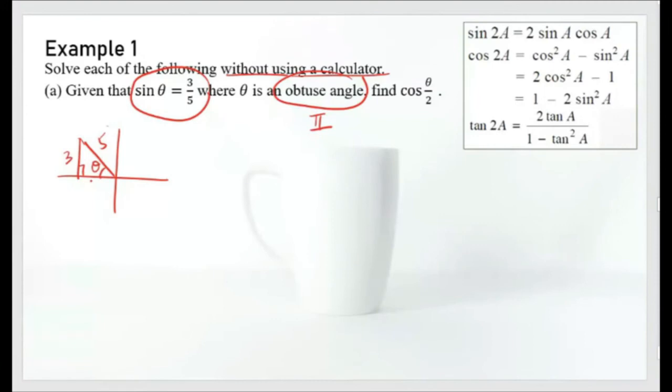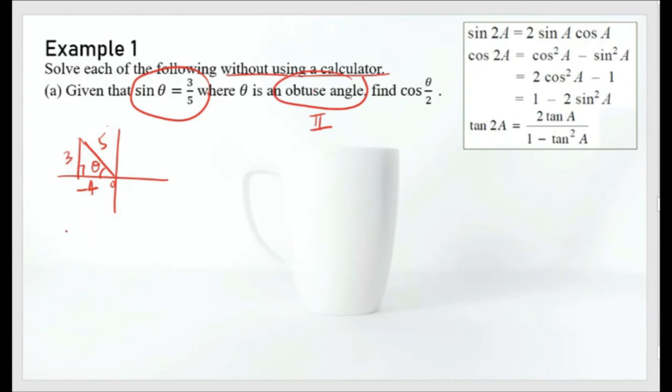Then what is the value here? It is 4, a 3, 4, 5 triangle. Remember to put a negative, because left of the 0 is negative. So negative 4. Up is positive, down is negative, right is positive. This one you have to know. So it's negative 4, 3, and 5.